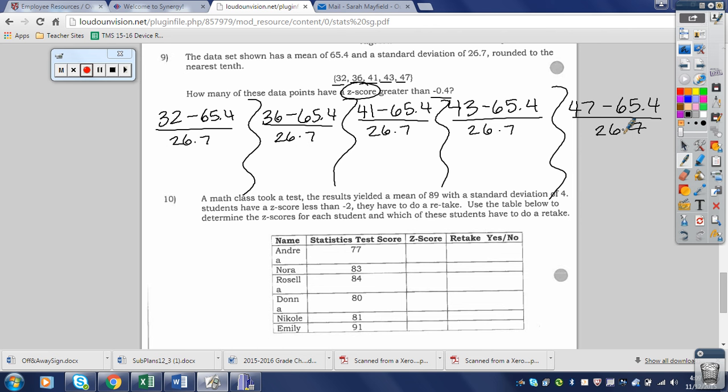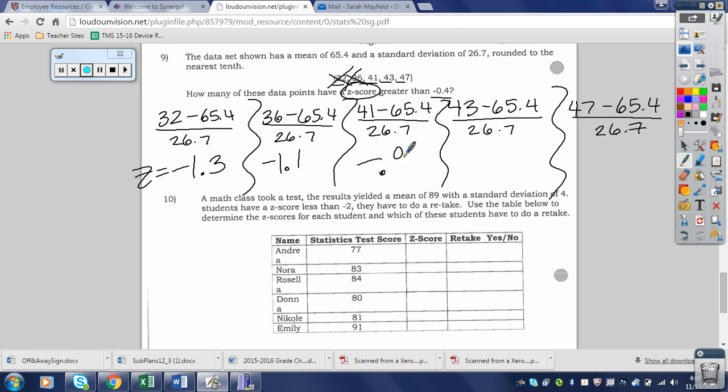32 minus 65.4 divided by 26.7. You get z equals negative 1.3. Is that less than negative 0.4? No. Try the next one. You get negative 1.1. Is negative 1.1 less than negative 0.4? I'm sorry, not less than, greater than. No. Now try 41. 41 minus 65.4 divided by 26.7.